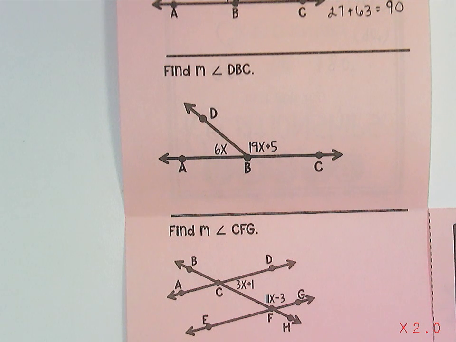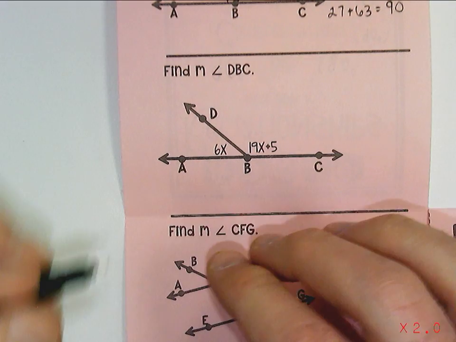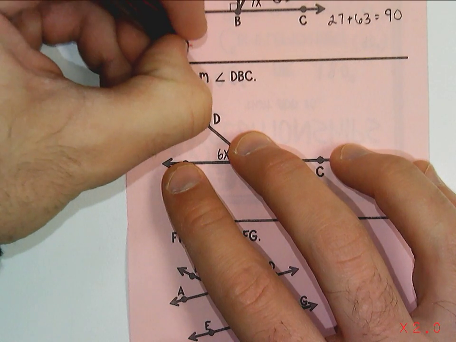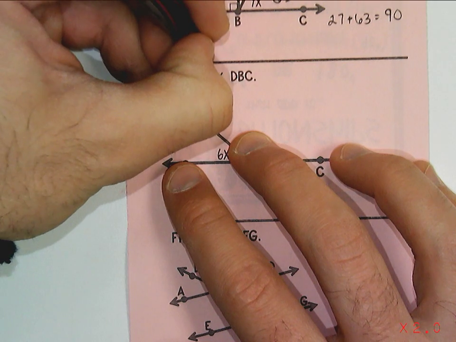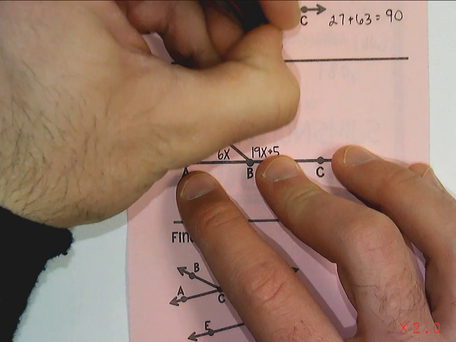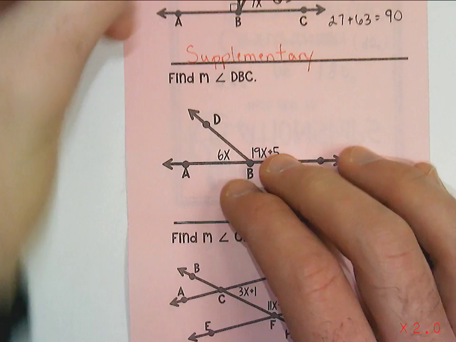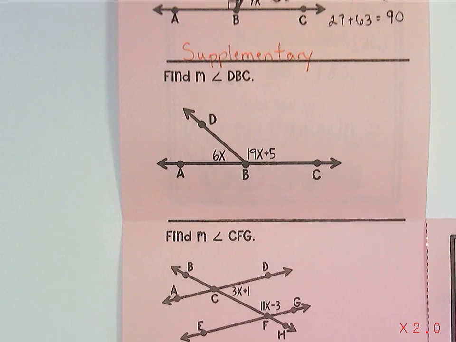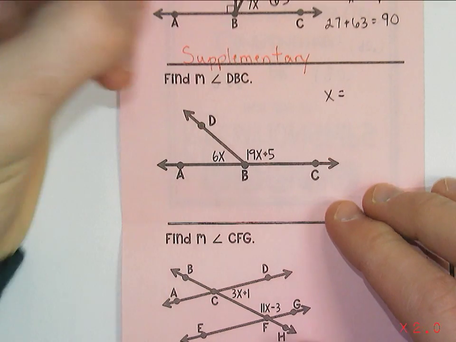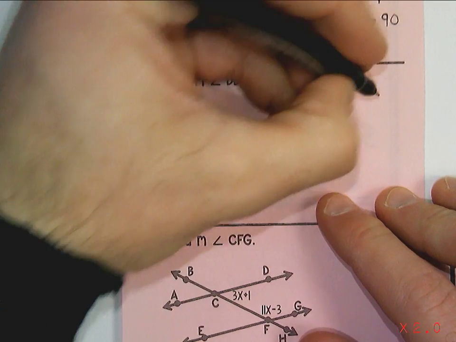Alright, you should have tried both of these problems, and this problem number 2 here, after identifying the angles, you should have come up with supplementary angles for this one. Your x value that you found should have been x equals 7.